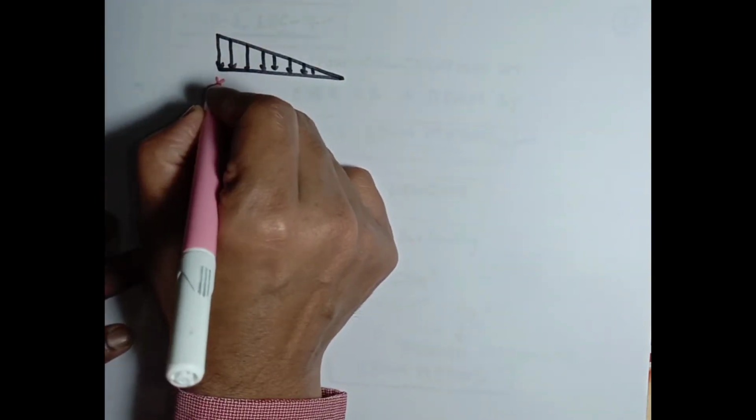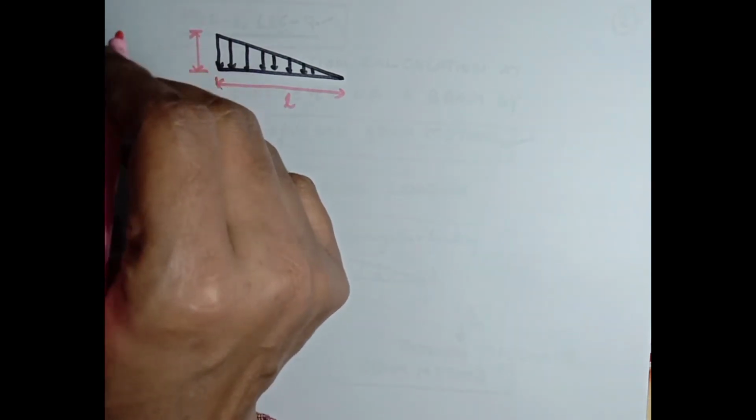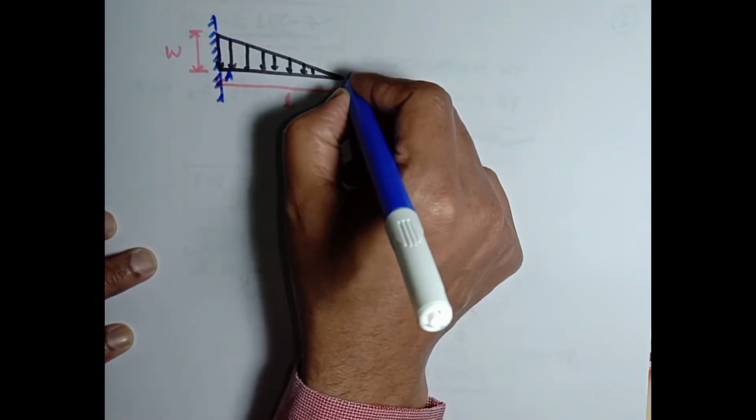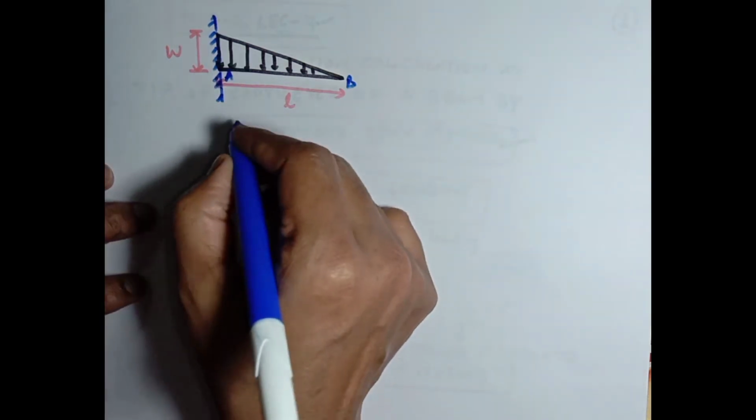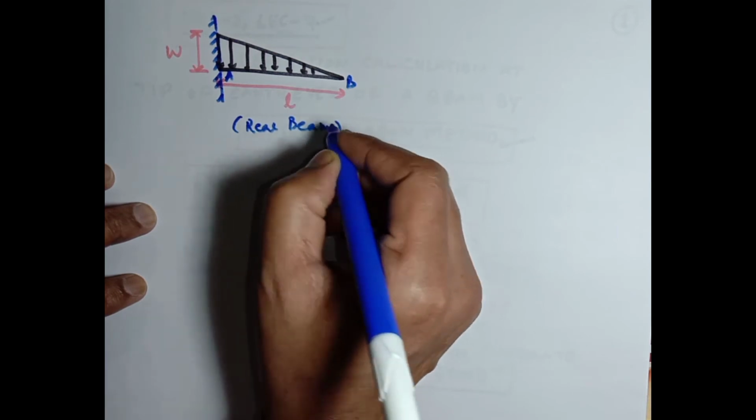The length of this beam is L, and its maximum value is W. This end is the support end, which is A, and the free end is B. Here we are going to develop the bending moment diagram of this, and after that we will develop the M over EI diagram of this real beam.